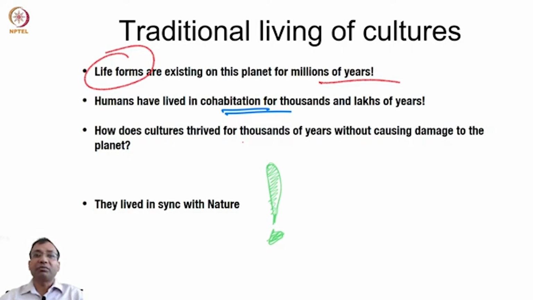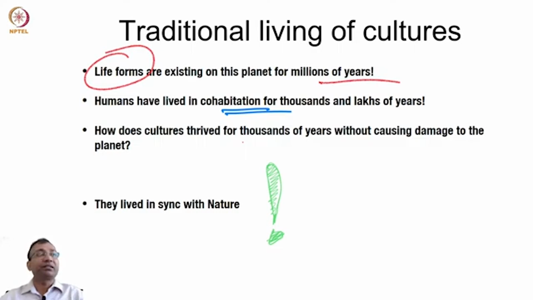Humans have also been a part of that biosphere, living in cohabitation along with other species, whether they are animals, birds, reptiles, plants, vegetation, trees, and even aquatic life, for thousands and lakhs of years at least, whatever our scientific studies give as ideas. Some form of our ancestors of humans have been existing on this planet for a very long time.